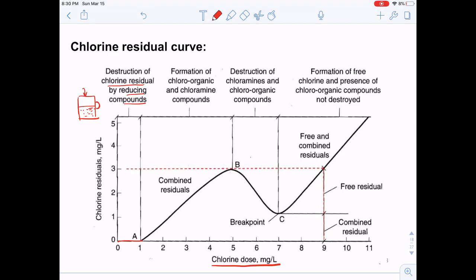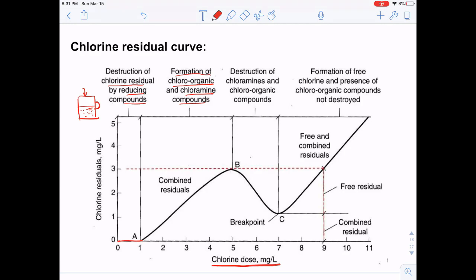That is because the chlorine is destroyed by the reducing compounds, for example, organics, right? And then the chlorine residue will increase, and this increase is because of the formation of the chloroorganic or chloramine compounds. And these compounds are relatively unstable, and they can further get oxidized by the chlorine.